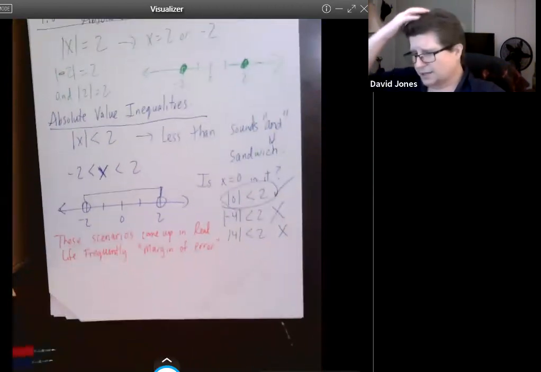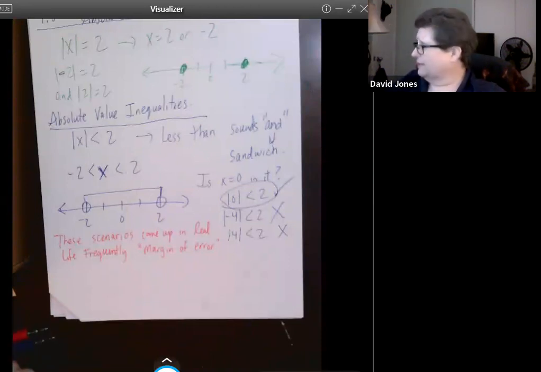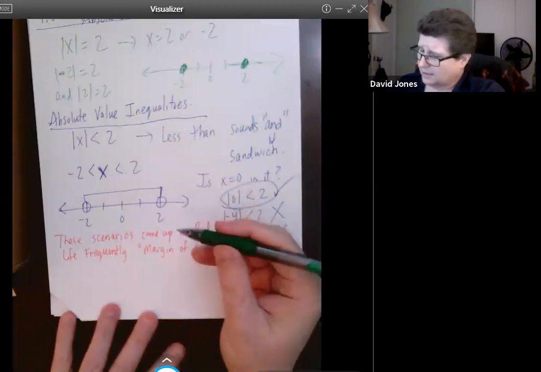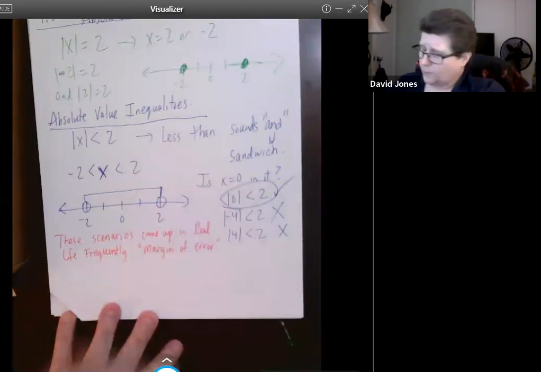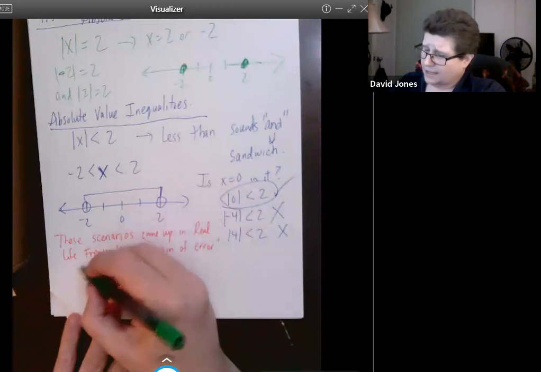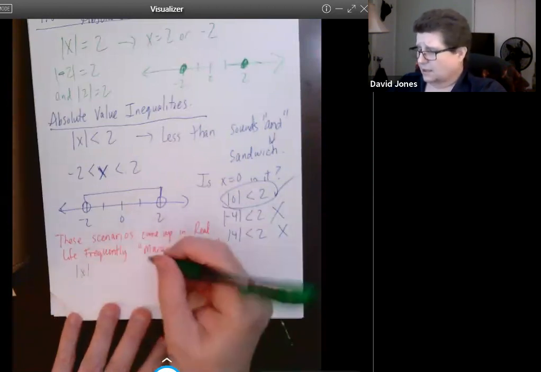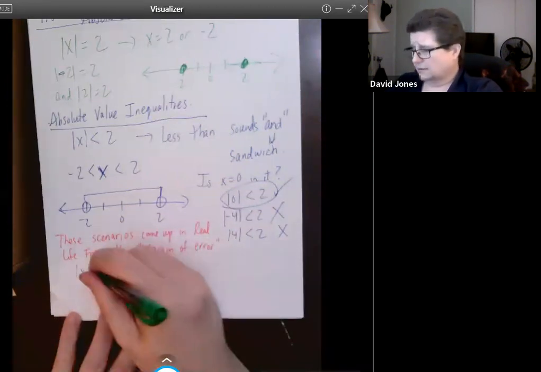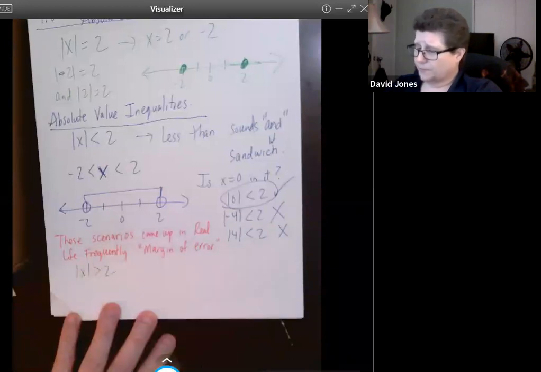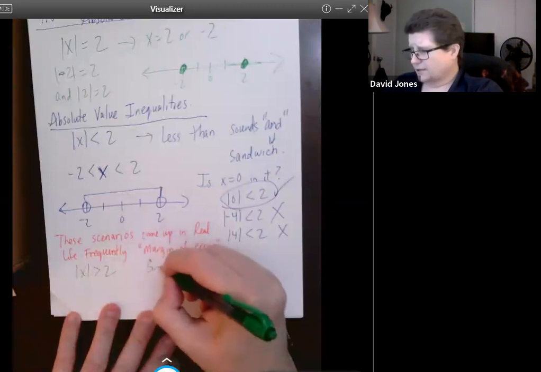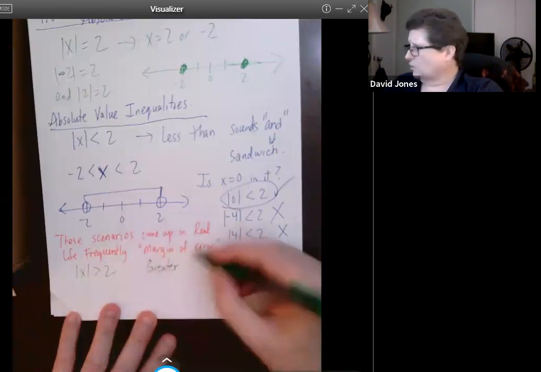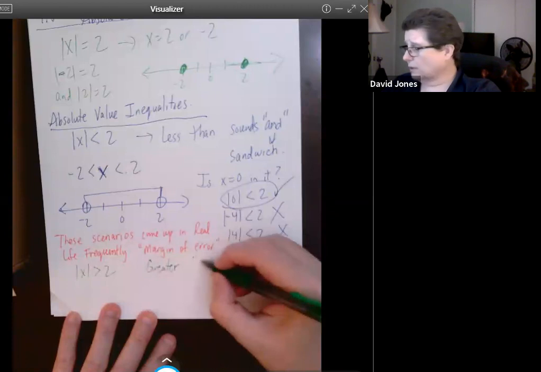And as a reminder, we just saw this in the last section. If we have something like the absolute value of x is greater than 2, greater sounds like or.